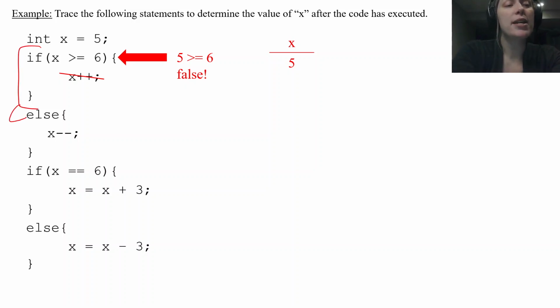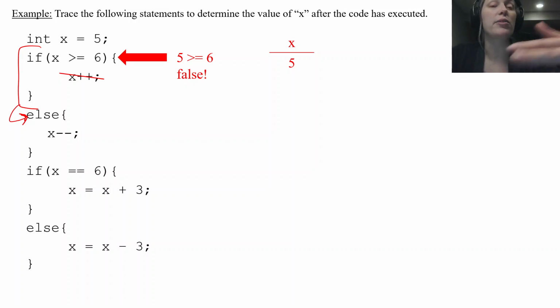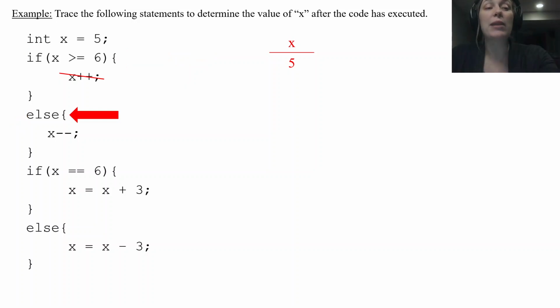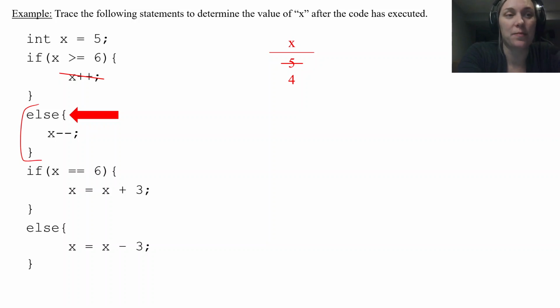Java will then check your next line of code and see that there is an else statement that directly follows that if statement, which means that it'll run that code since that first condition was false. So x minus minus means that you're going to have 4, 5 minus 1 is 4, and that code executes. That's your else block that executes. So since this if was skipped, this else runs.